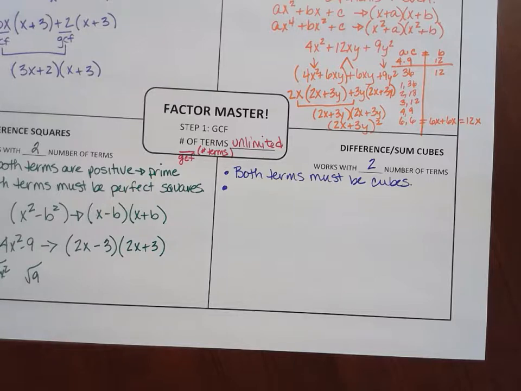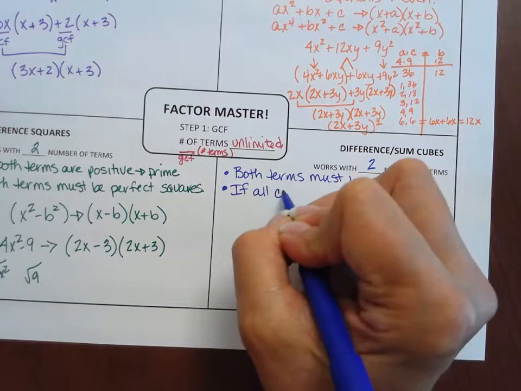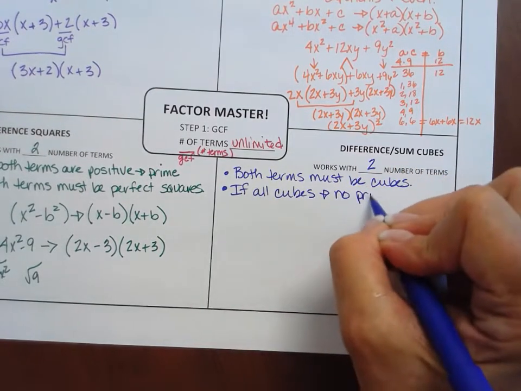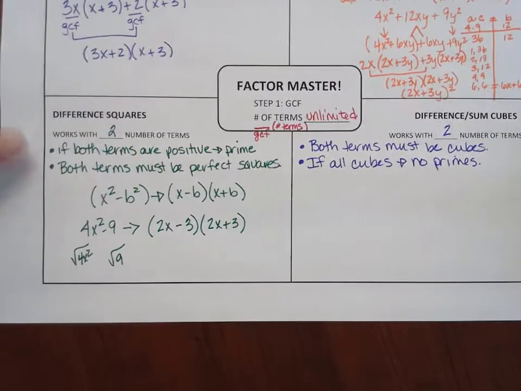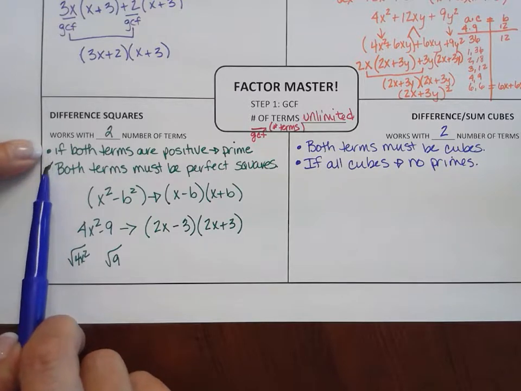Okay. If they're all cubes, there are no primes. The only time you have that plus thing is if it's a square. All right.